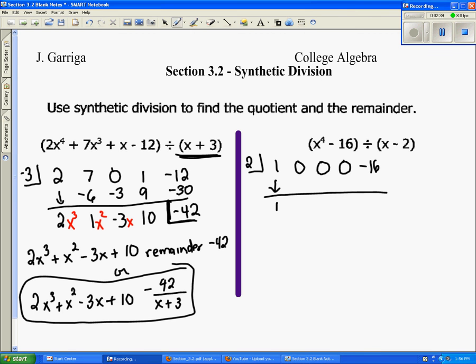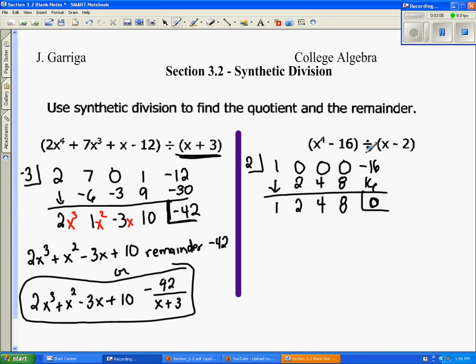Drop the first, multiply, 2 times 1 is 2, add down. Multiply, 2 times 2 is 4, add down. Start over, multiply, 2 times 4 is 8, add down. 2 times 8 is 16. Our remainder in this one is 0.